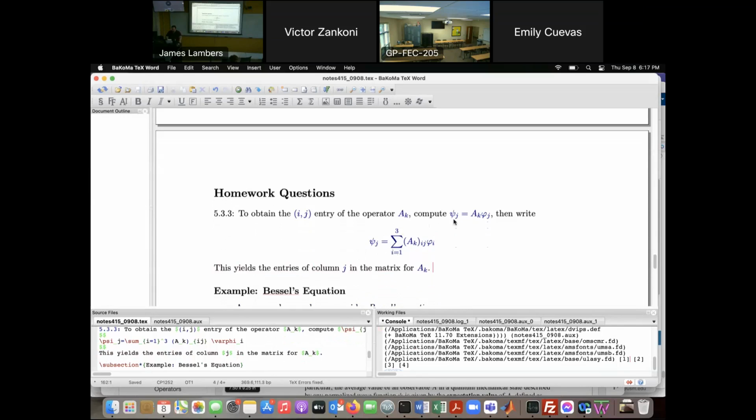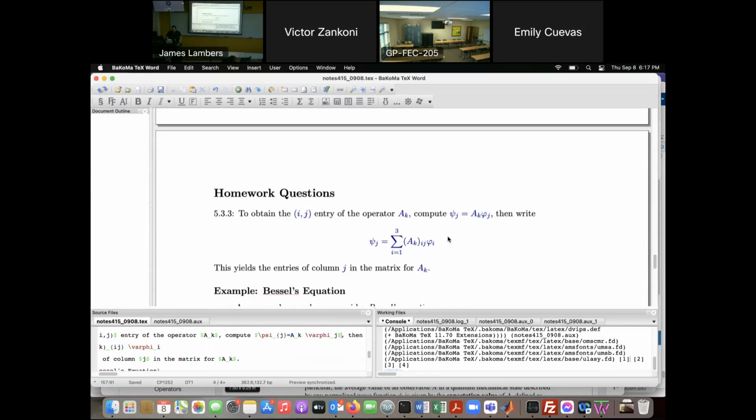And then you move to the next basis function, phi 2, which is x2. Work out what the result is. That's a linear combination of phi 1, phi 2, phi 3 that fills the second column, and then you fill the whole matrix from there.